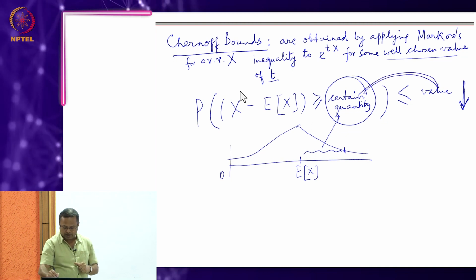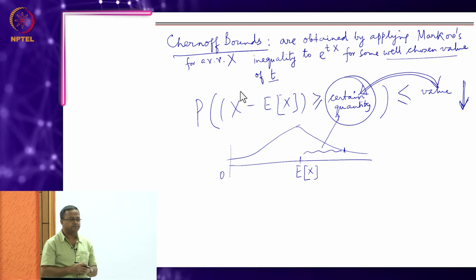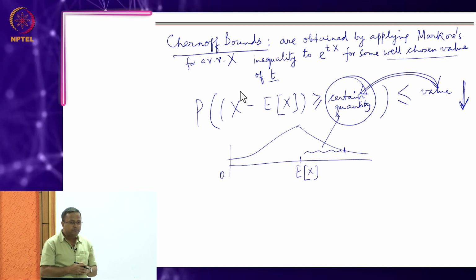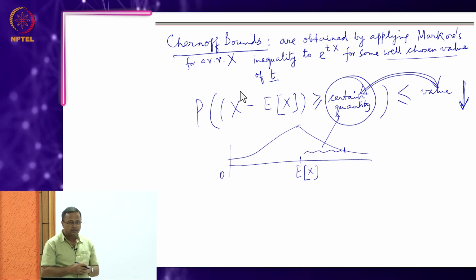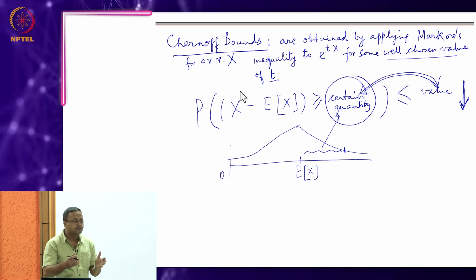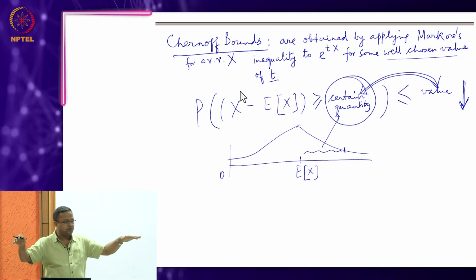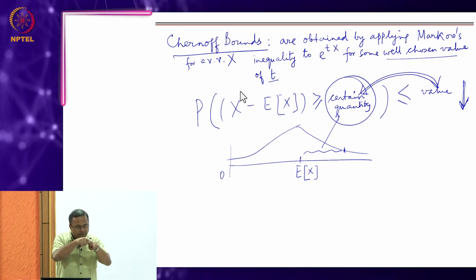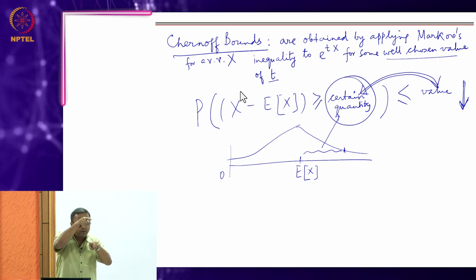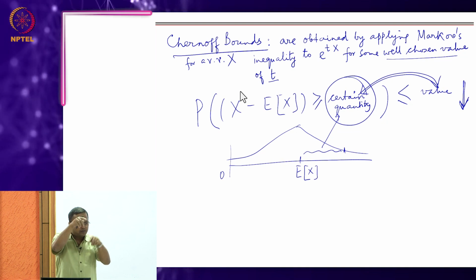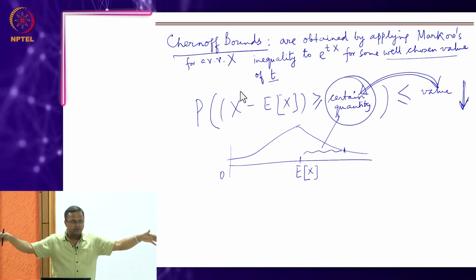Now, this has a bearing, because the distribution determines how far x is from its expectation. Once you fix the value of the random variable, you get a probability value. That is a distribution for you.